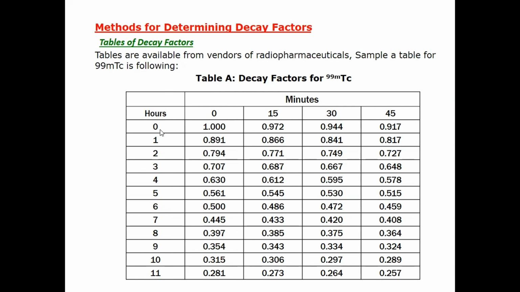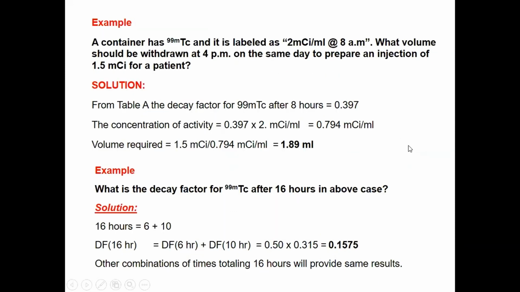So hour 0 and minutes 0 is this. Hour 0 and 15 minutes, 30 minutes, 45 minutes, then the full hour, and so on: 1 hour and 15 minutes, 1 hour and 30 minutes, 1 hour and 45 minutes. Values are given. Intermediate values can be found with the help of interpolation, or you can use e to the power minus lambda t as the decay factor formula. Let's move further and do examples.